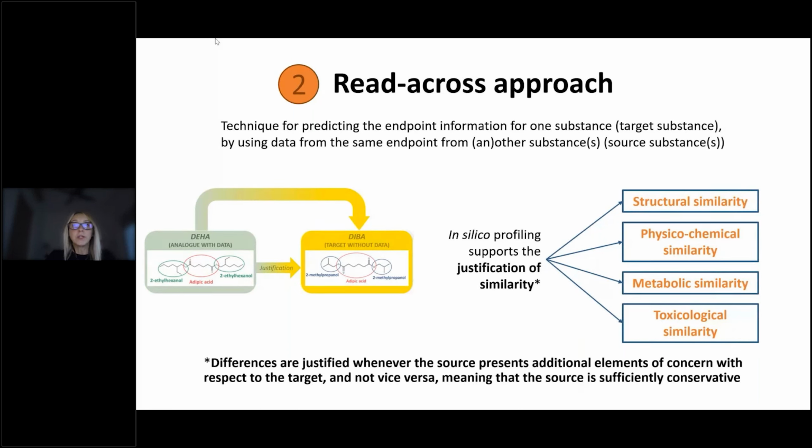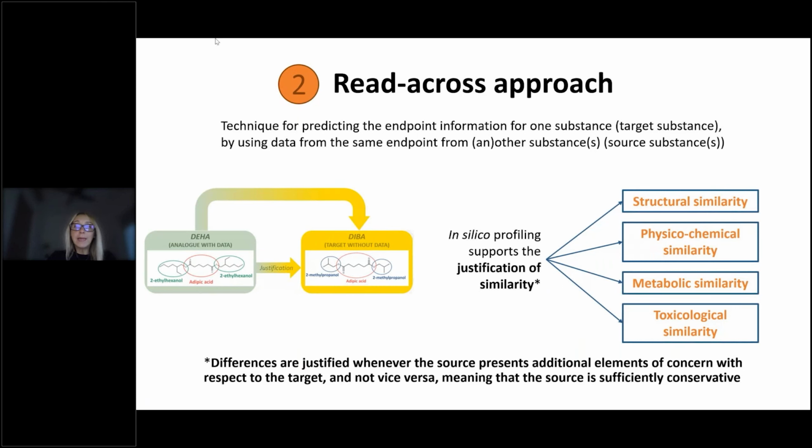In the read-across approach, indeed, similarity is the key concept, and it requires the comparison of the analogues with respect to the target according to different perspectives. In most cases, the first perspective is the structure similarity one, so the analogues are compared with respect to the target in terms of their structure similarity. However, this similarity analysis needs to take into account also other perspectives, for example, a physico-chemical similarity, but also an ADME, a metabolic similarity, and also a toxicological similarity.